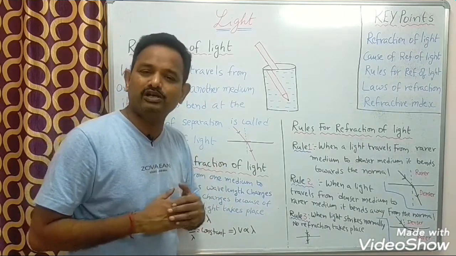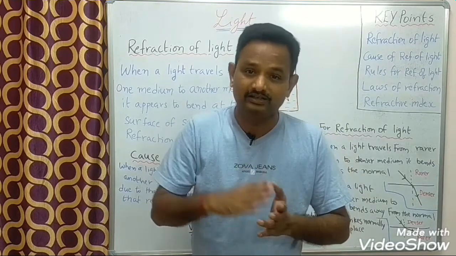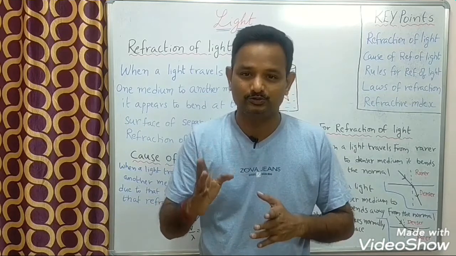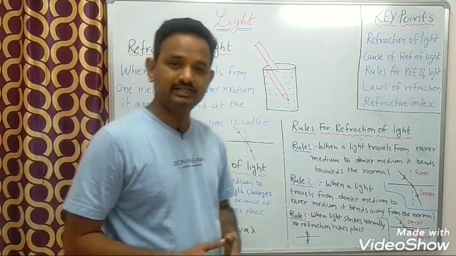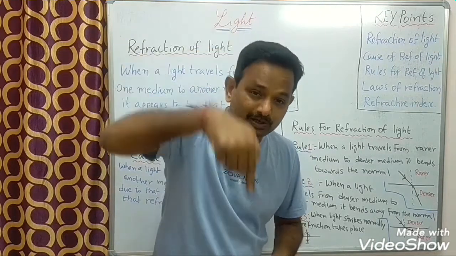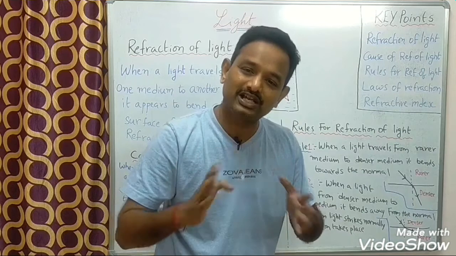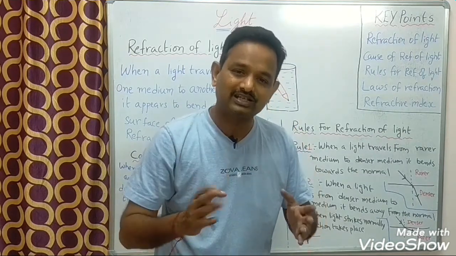In the same way, light traveling from water to air bends away from the normal. That is rule 2. Next, rule 3. When light hits the surface perpendicularly, no refraction takes place. It will go straight. That's about rules for refraction of light.